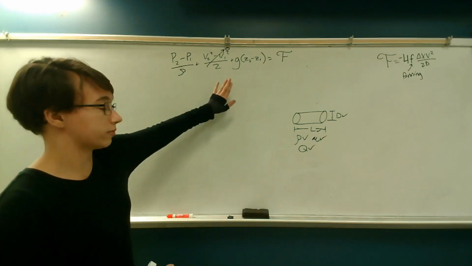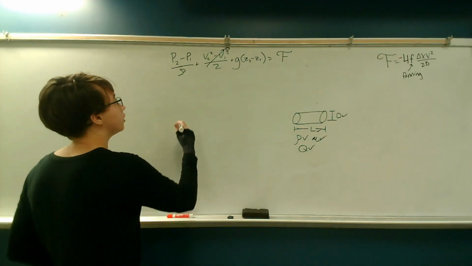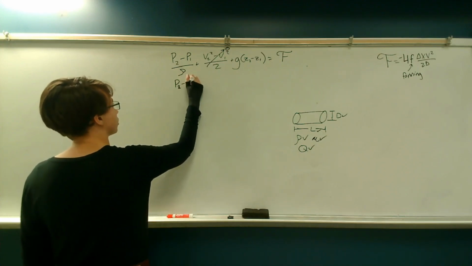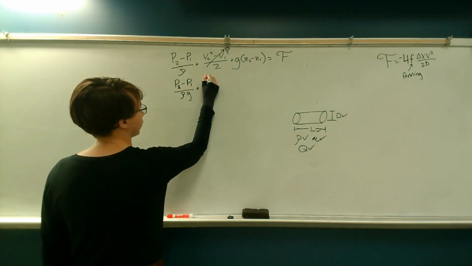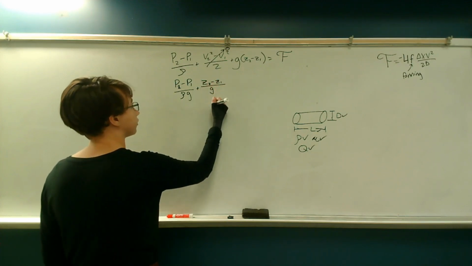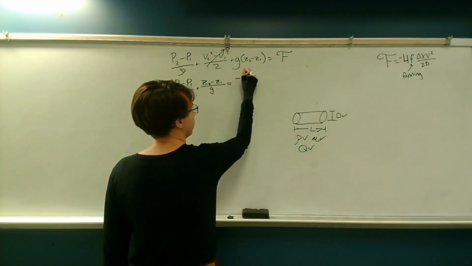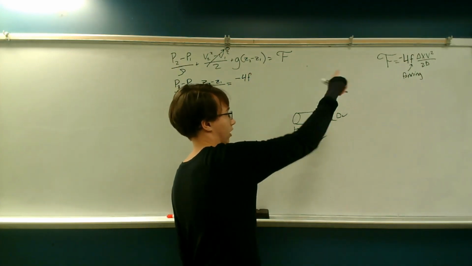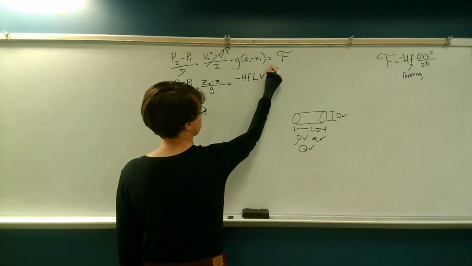And we can put this equation into a special form called the head form by dividing all the terms by the acceleration due to gravity. So we have the pressure at 2 minus the pressure at 1 over the density times the acceleration due to gravity plus the height at 2 minus the height at 1 equals, and then we'll plug in this equation for the frictional heating, so that's -4 times the Fanning friction factor, and then there's delta x, which is the same thing as length here, so that's L, velocity squared.